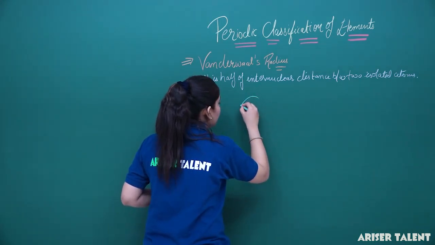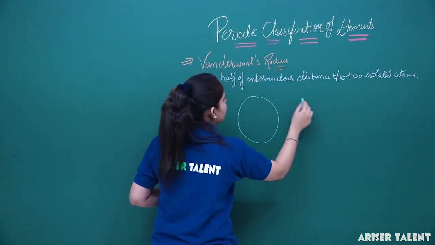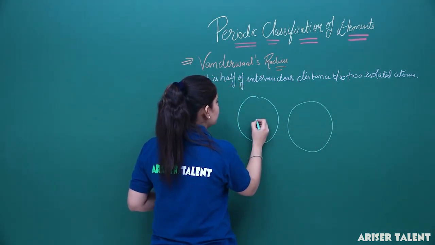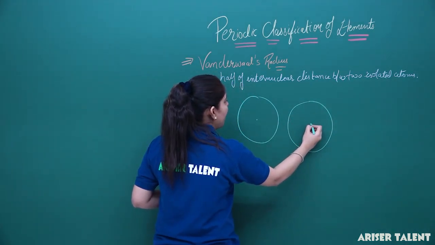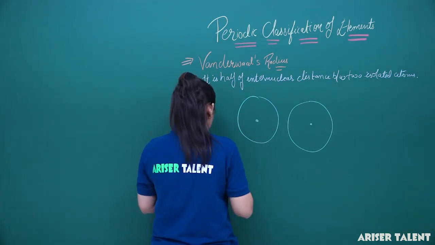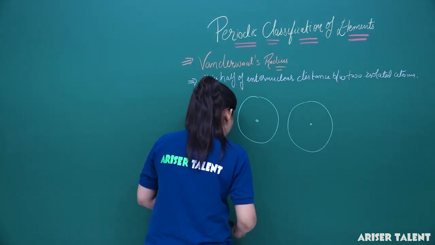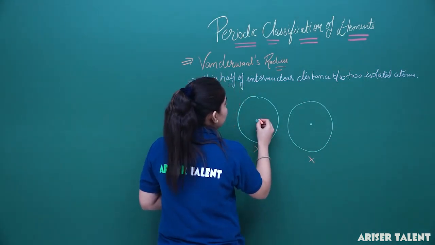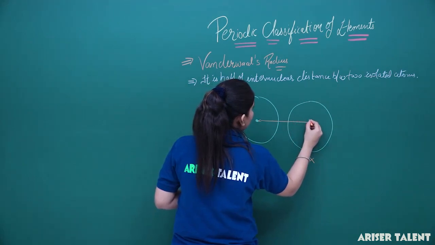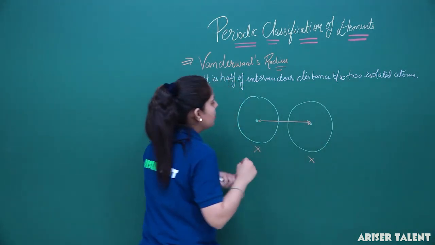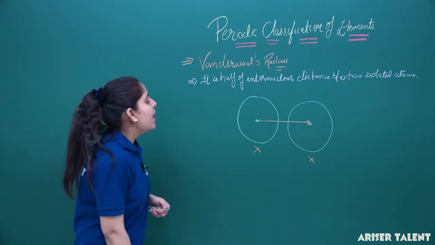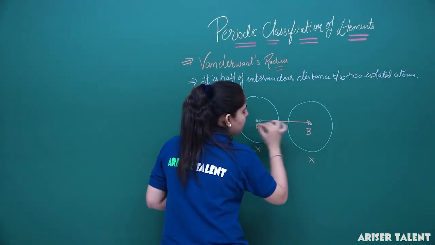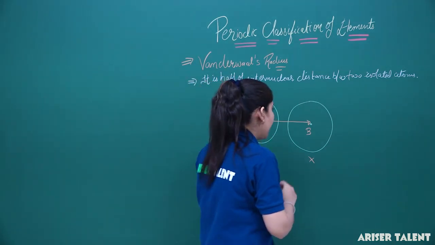Suppose I am considering two isolated atoms here. This is the nucleus part of these isolated atoms, and I am denoting these nuclei as X and X. Now this distance from center to center is the internuclear distance, and half of this distance is known as the van der Waals radius.